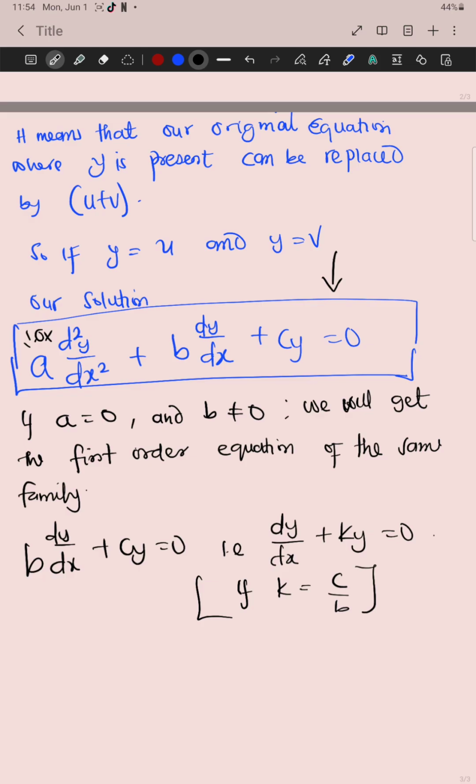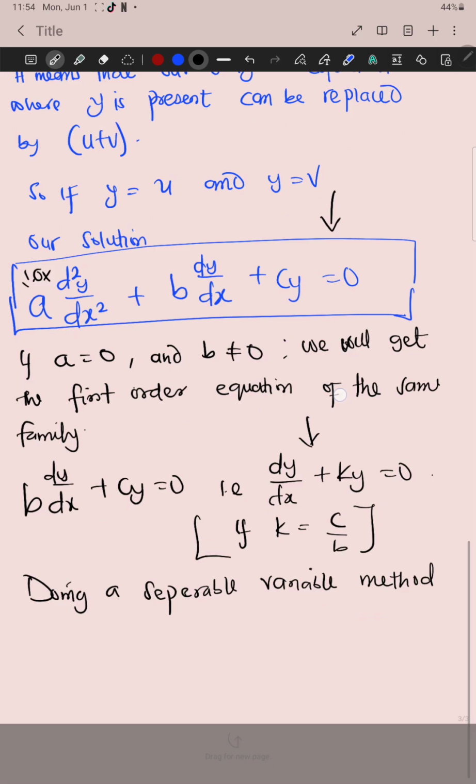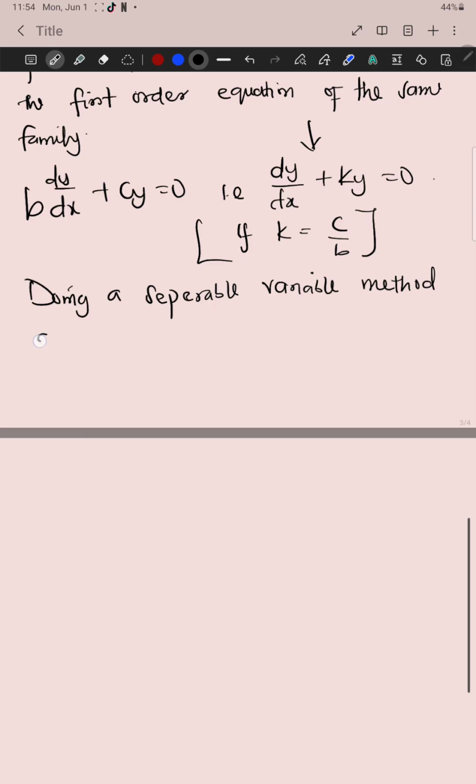Now, enough of all my story. The main thing I'm trying to drive at is that from here it becomes very easy for you to use the separable variable method. If we do that, we're going to have dy over dx is equal to minus ky, because we're taking this one to the other side.